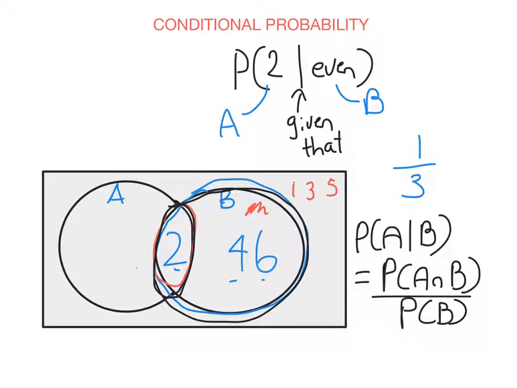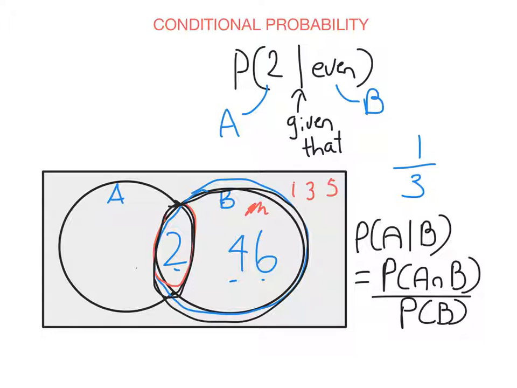So it's the proportion of outcomes from this big circle that are in this little area here. Okay, sorry about all the lines. So that's the formula that we can use for any conditional probability calculation that you encounter.